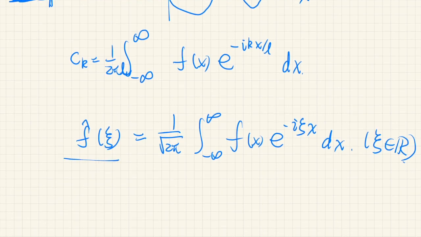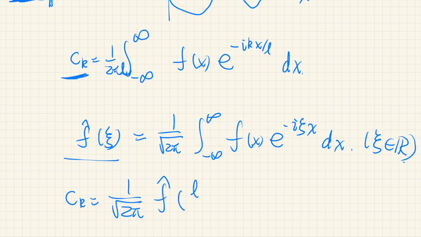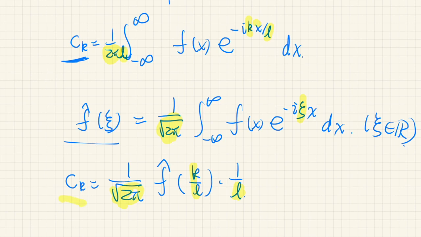Using this, we can express the Fourier coefficient c_k as 1 over 2 square root of 2 pi times f hat of k over L, and 1 over L. So this L comes here, and we have 2 pi in the denominator, so let's take the square root of it: one of the square roots comes here and the other remains here, and this xi is k over L. So this is an expression of the Fourier coefficient c_k in terms of f hat.